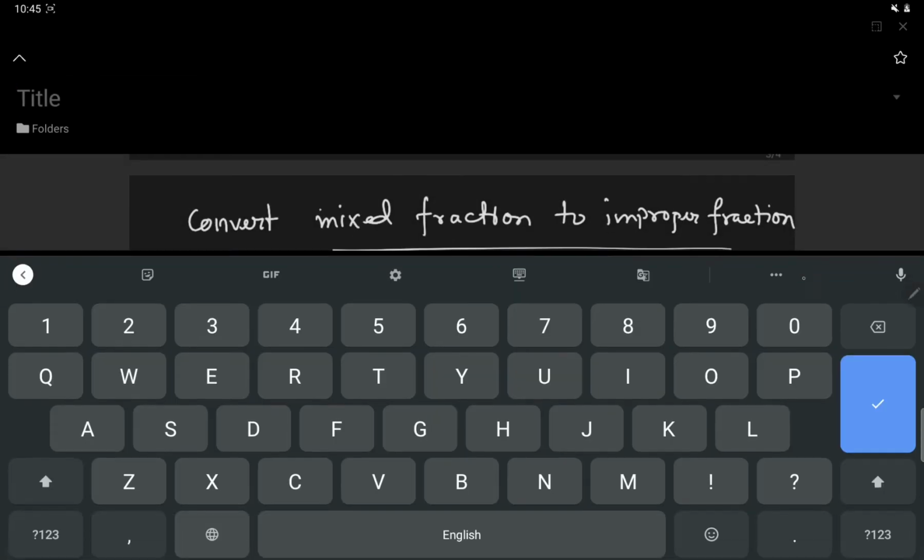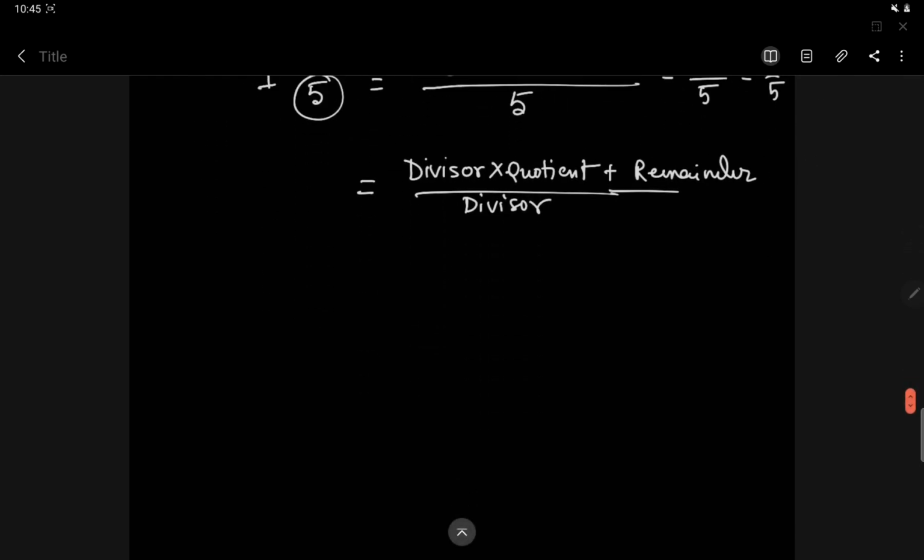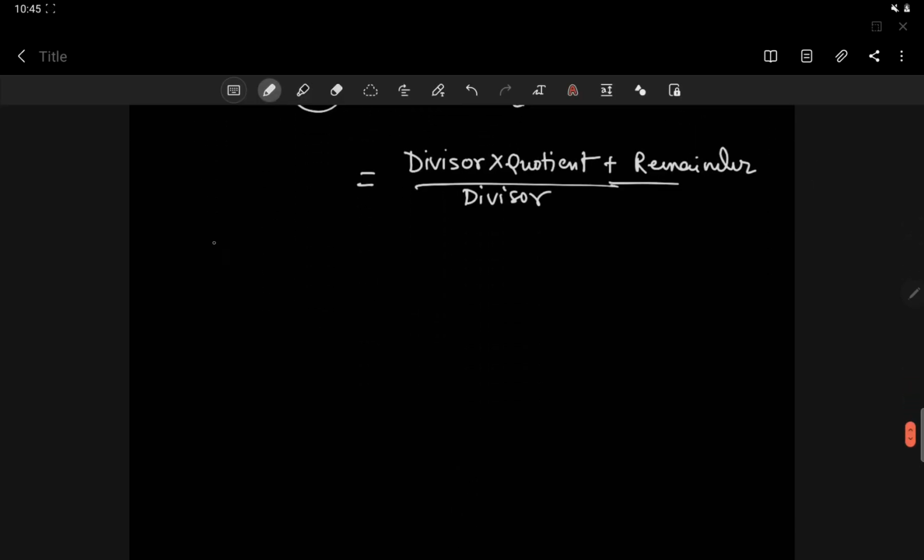Okay, now unit fraction. You know what a unit fraction is? For a unit fraction, the denominator must be non-zero. If I choose 7, then the numerator should be 1. Those fractions which have numerator 1 are called unit fractions.